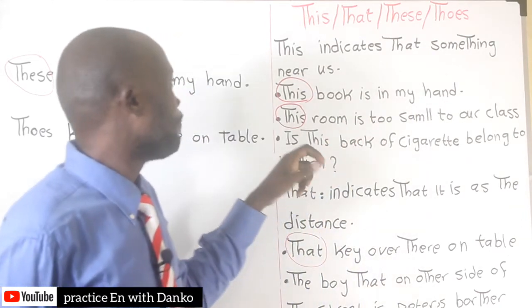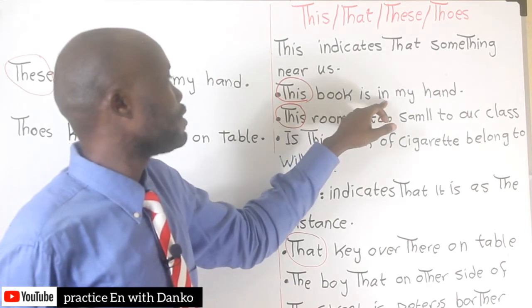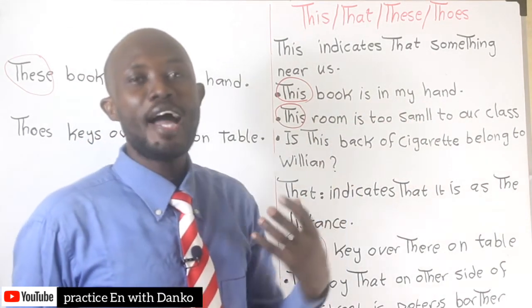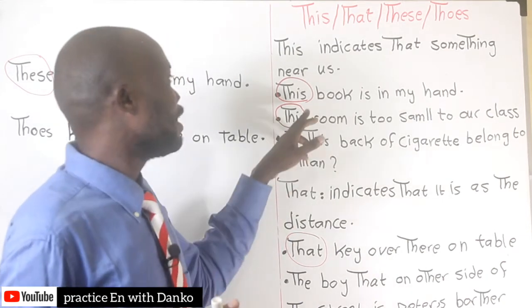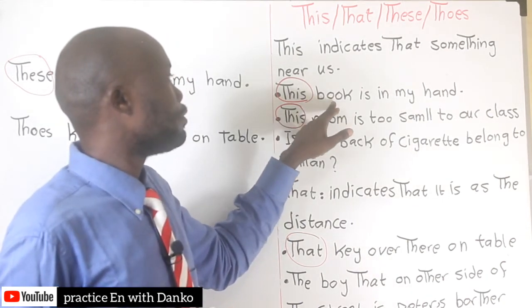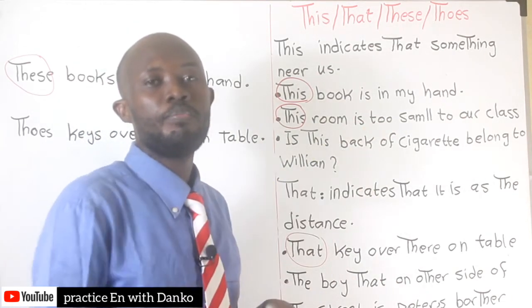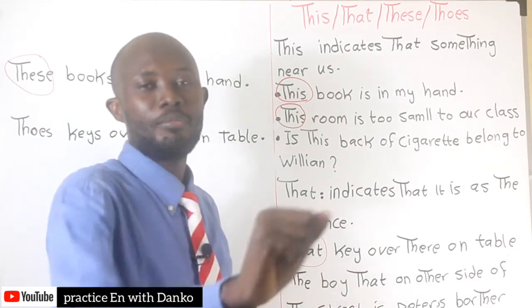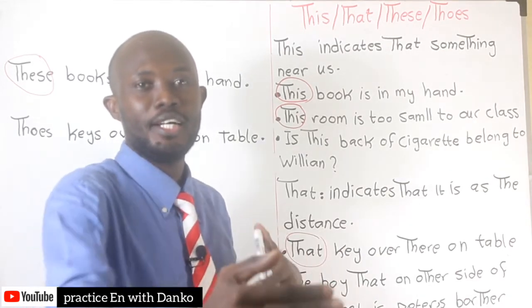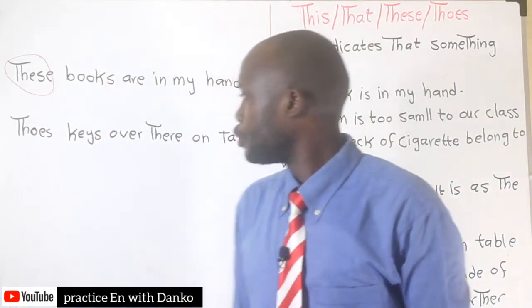For example, those books are theirs. It could not be on my hand because your hand is close to you. So you must say those books are theirs on the table, or those books are on the table because there is distance. Okay, great. I put some examples here too.